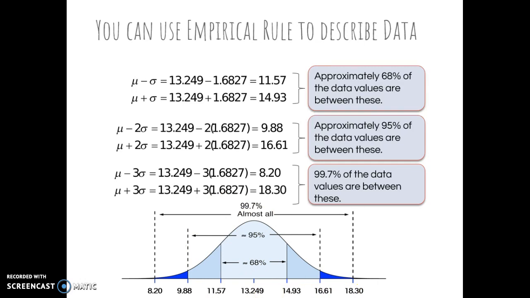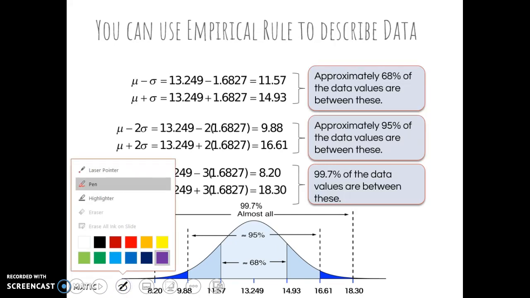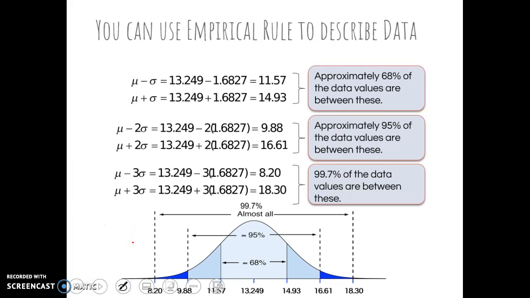Now I do want to show you this, especially when you're doing some of the homework questions. 68% of the data is within 1 standard deviation below and 1 standard deviation above. But sometimes they split that and say 34% of the data. If you know 68%, half of that is from the mean to 1 standard deviation above or below.